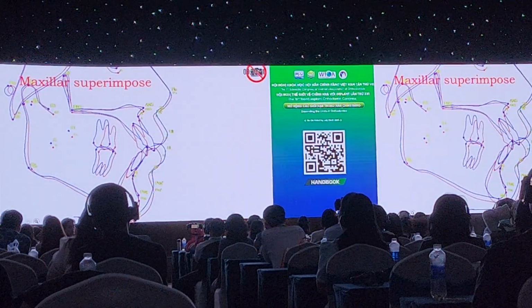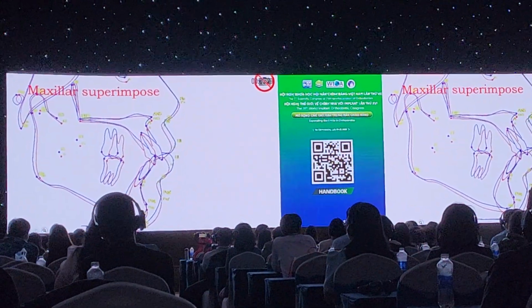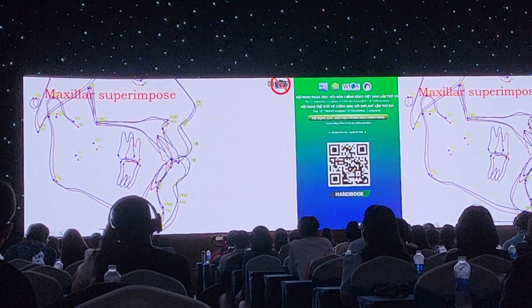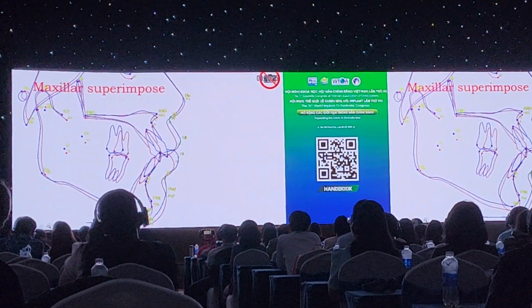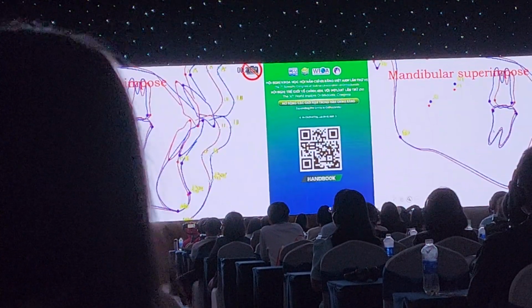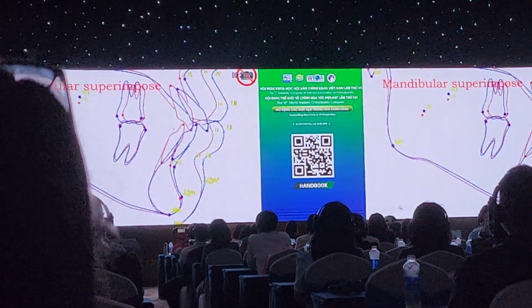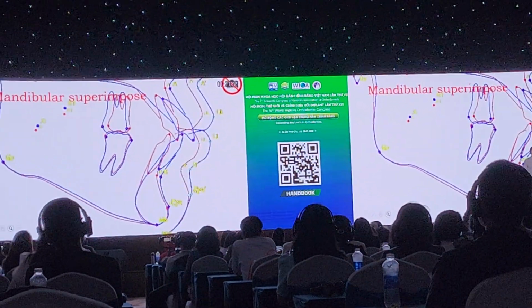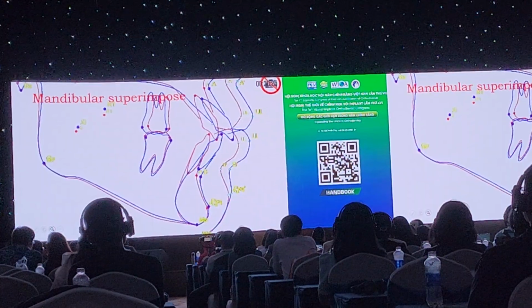At the same time, I extruded a little bit the molar because the patient wants to show more teeth when she smiles. In the mandible, you see I controlled the incisor. The incisor did not extrude.